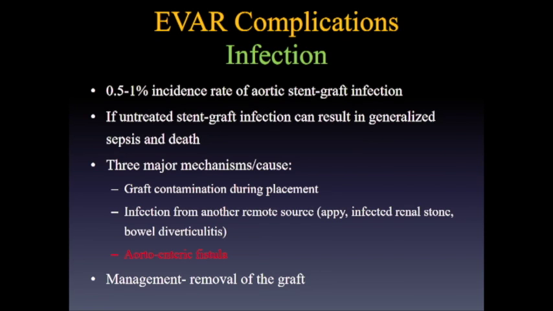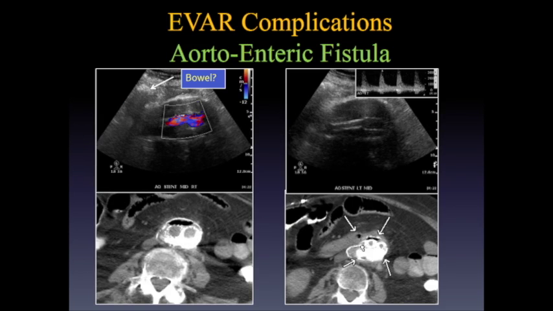So one thing I wanted to mention is that sometimes infectious processes can also cause complications of EVARs. It's usually due to underlying infectious disease in the abdomen, such as appendicitis or diverticulitis, or it could be due to an aorto-enteric fistula, which most of the time we see on CT as air within the aneurysmal sac and bowel that is adherent to the EVAR, and usually only patients status post-EVAR develop aorto-enteric fistulas.